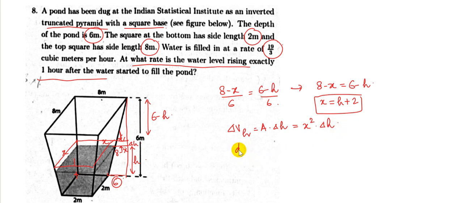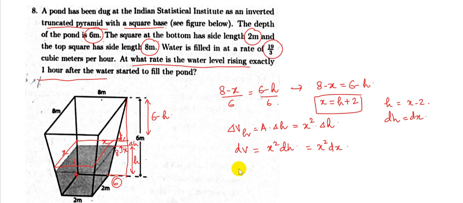That means dV is equal to x square dh. Since h is equal to x minus 2, dh will be equal to dx, so dV is x square dx.